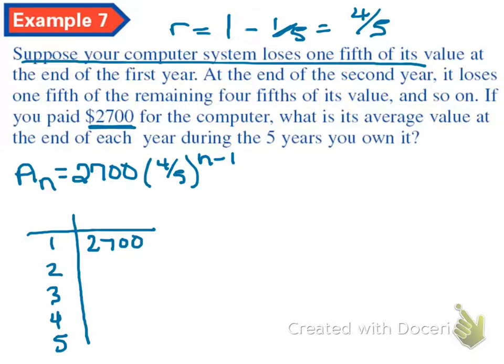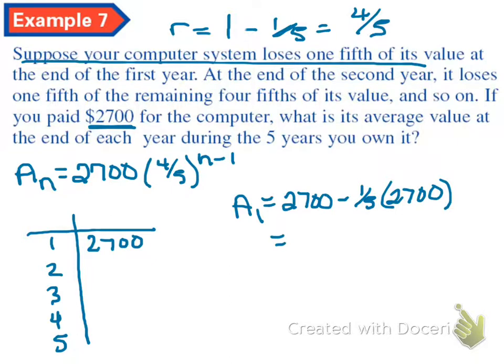To get this to represent the value at the end of the first year, we needed to find out what 1/5 of the loss was. Instead, the first term should have been 2,700 minus 1/5 of 2,700. That's what we would have at the end of the first year.